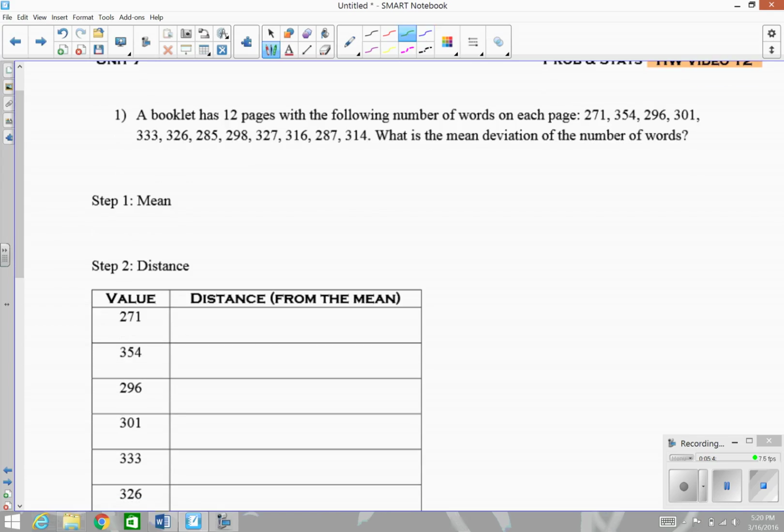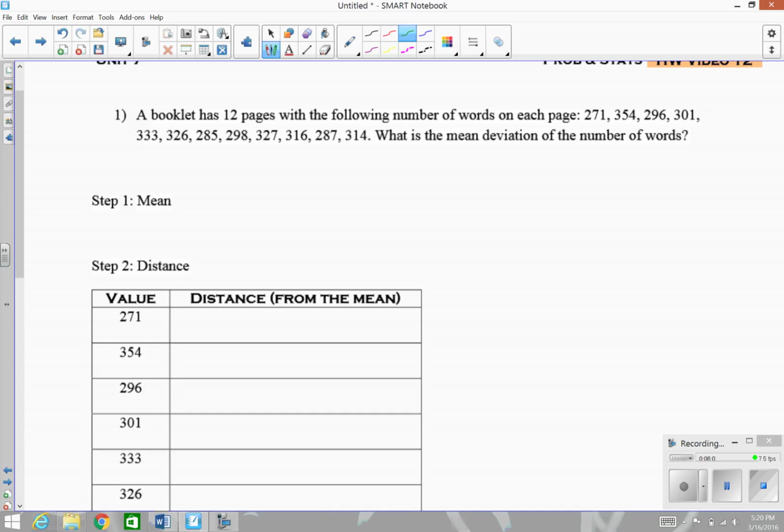Okay, here we go. A booklet has 12 pages with the following number of words on each page: 271, 354, 296, 301, 333, 326, 385, 298, 327, 316, 287, 314. What is the mean deviation of the number of words?